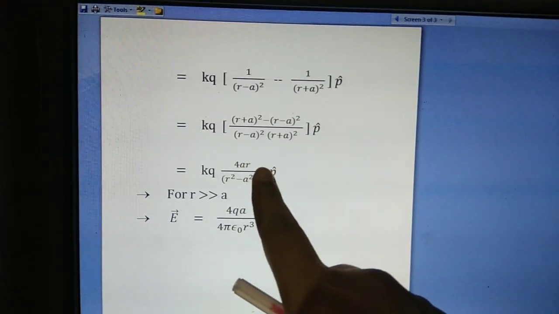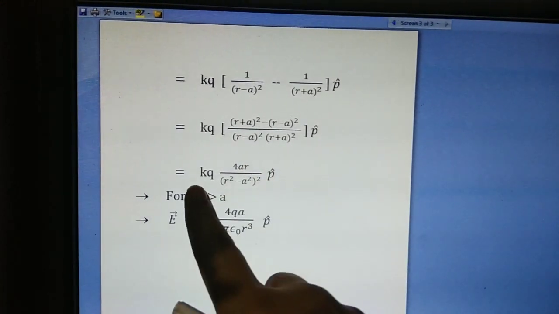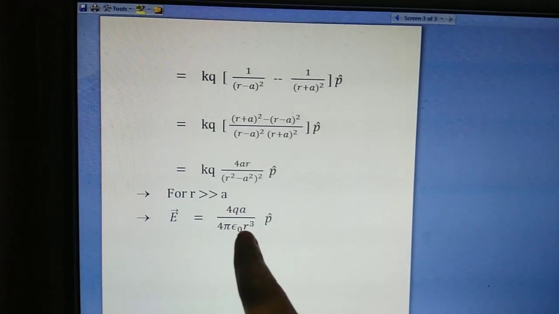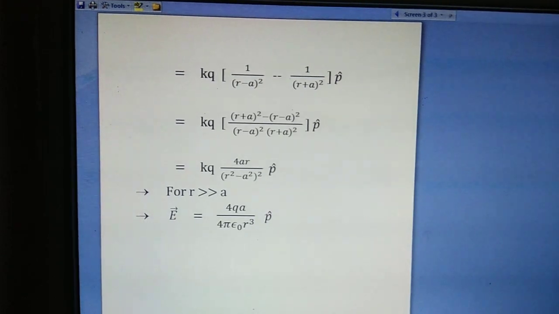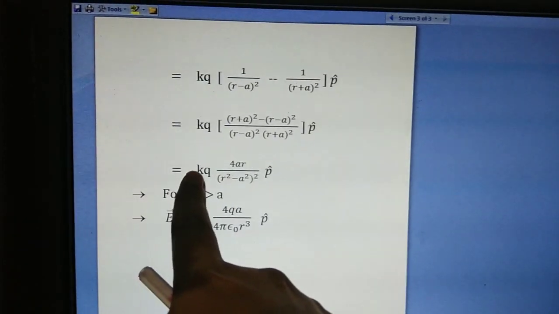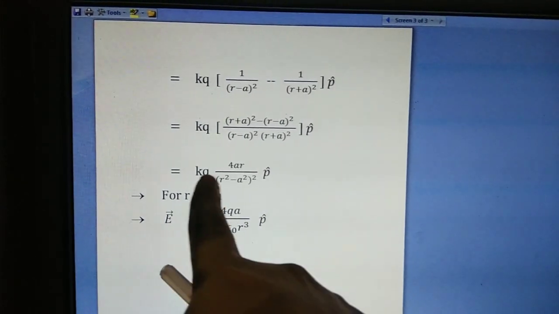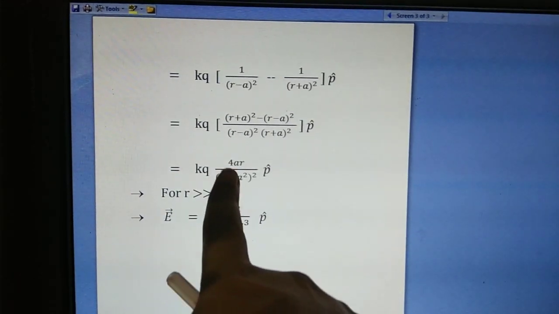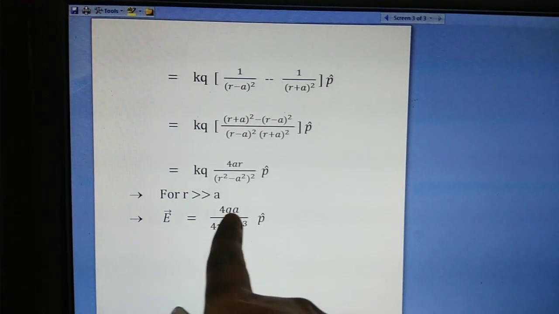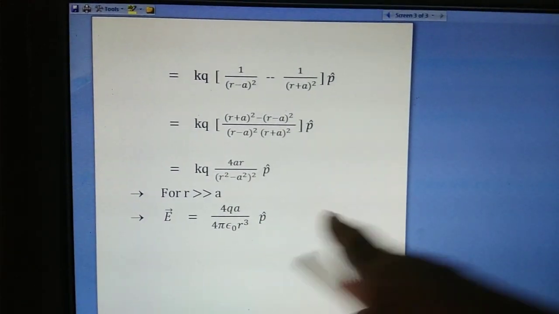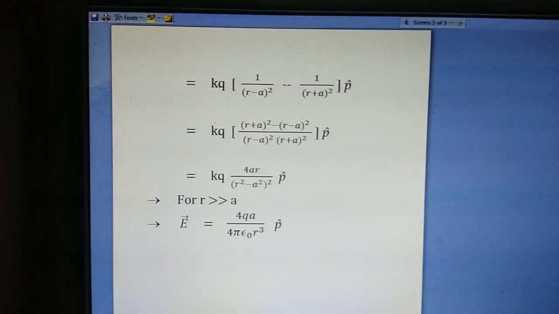So we get 4aq times k upon r cubed, or you can substitute k as 1 upon 4 pi epsilon naught, giving E equals 1 upon 4 pi epsilon naught times 2p upon r cubed, p cap.